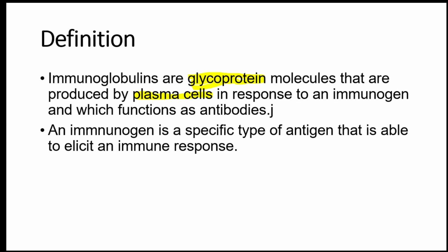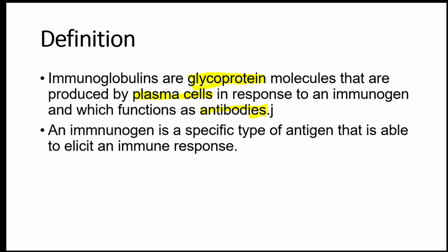And these immunoglobulins are glycoprotein molecules. Their key function is to function as antibodies. We know that antibodies protect us from diseases. They're able to fight off most of those infections.